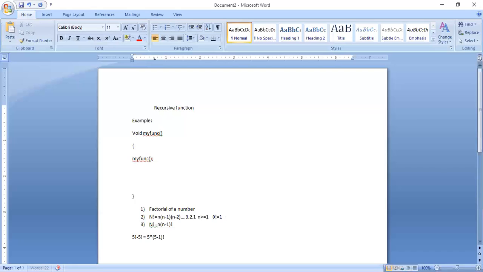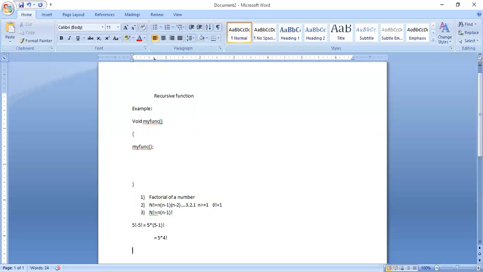That is nothing but 5 multiplied by 4 factorial. So let us see how it will go on. Next, it will be 5 multiplied by 4 multiplied by 3 factorial.